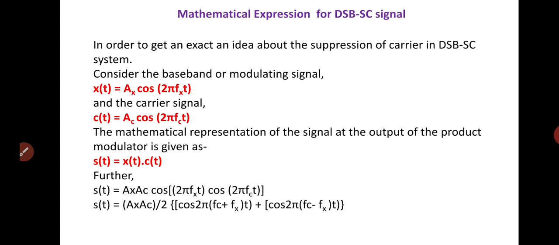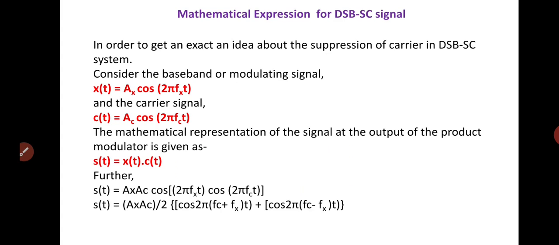That is, the modulating signal is given by x(t) = Ax cos(2π fx t), and the carrier signal c(t) = Ac cos(2π fc t). Mathematically, we can represent the equation of the DSB-SC wave as the product of modulating and carrier signal.